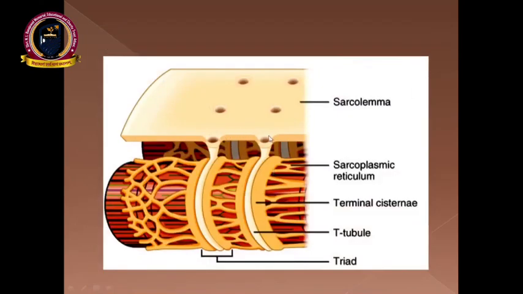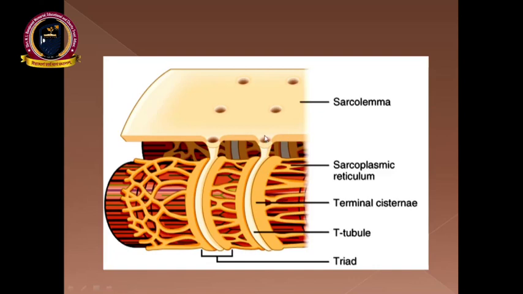Now this picture shows you another important structure, which is called the T-tubule. There are T-tubules closely associated with the cisternae of the endoplasmic reticulum, that is sarcoplasmic reticulum. This is one cisterna of the sarcoplasmic reticulum. This is another cisterna. Cisterna means flat sac-like structures of the sarcoplasmic reticulum, and these are associated with the T-tubules.